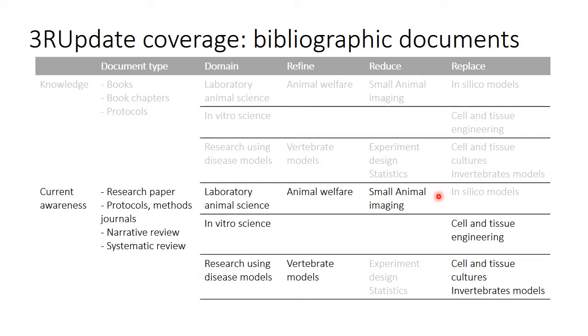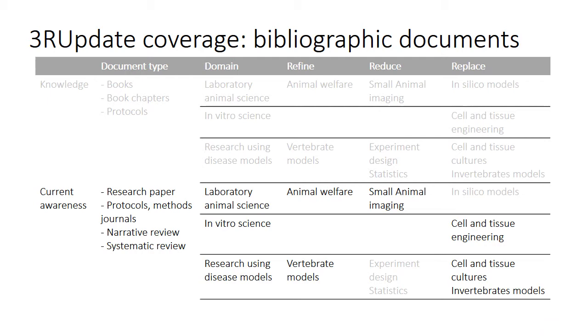In this course, we want to address techniques to retrieve bibliographic documents concerning in silico models, and we want to address the question of how to retrieve information about experimental design and statistics. It is because I'm not able to judge the relevance of results of these two categories of articles.